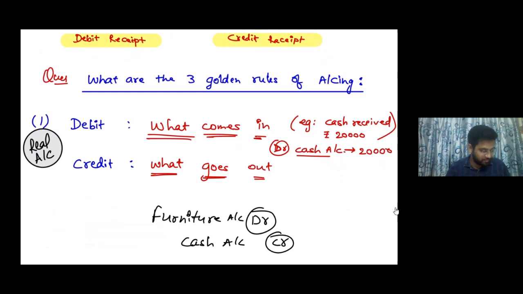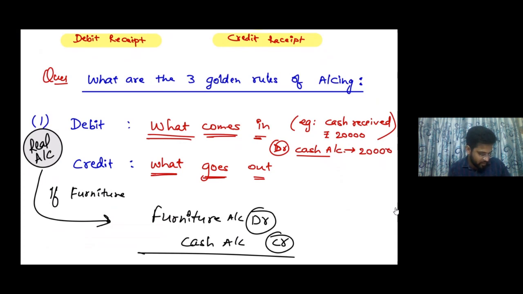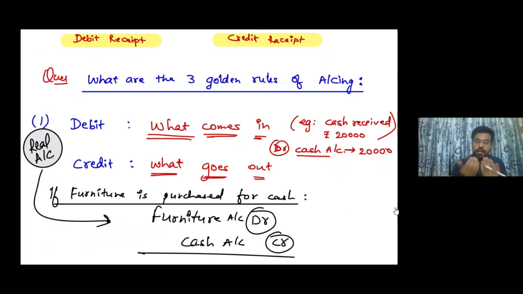Am I clear, everyone? So as per the real account rule, if furniture is purchased for cash, what would be the transaction? Furniture would come into my business, so furniture account will be debited and cash is going out, so cash account would be credited.